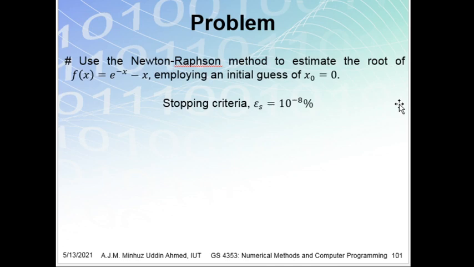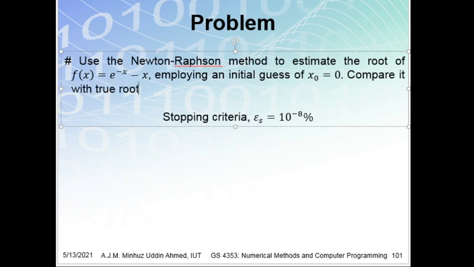The problem says: use the Newton-Raphson method to estimate the root of f(x) equals e to the power minus x, employing an initial guess of x naught equals 0, and stopping criterion ES of 10 to the power minus 8 percent. One correction I need to make here: the stopping criterion you will have to compare with the true root, using a calculator.